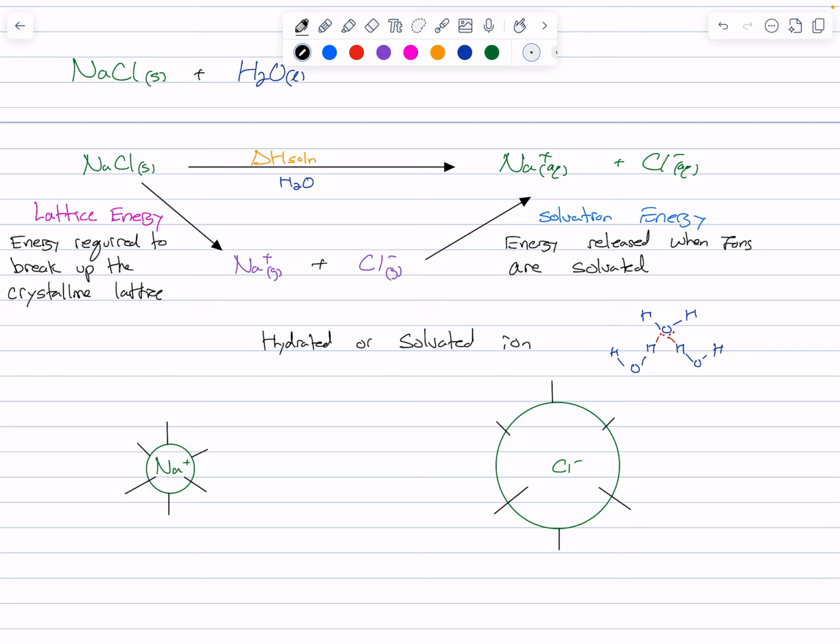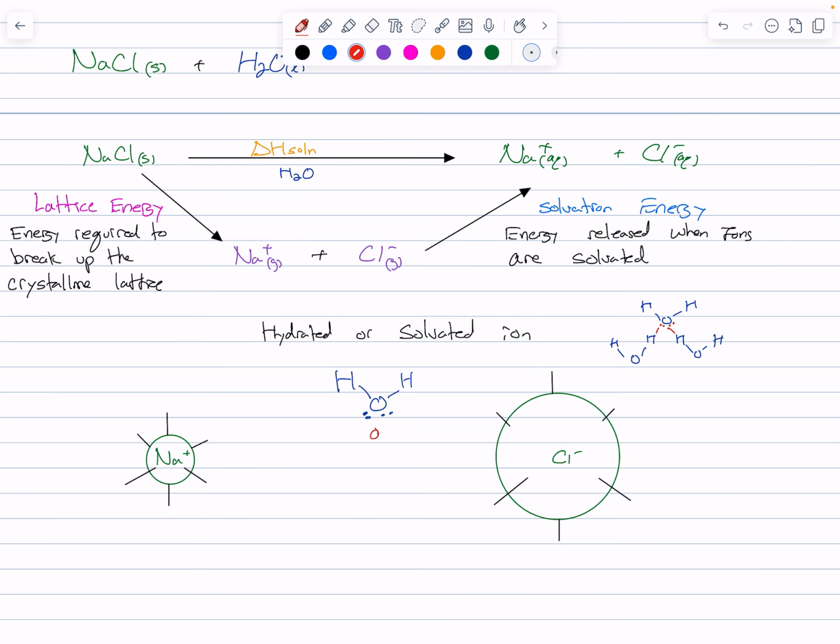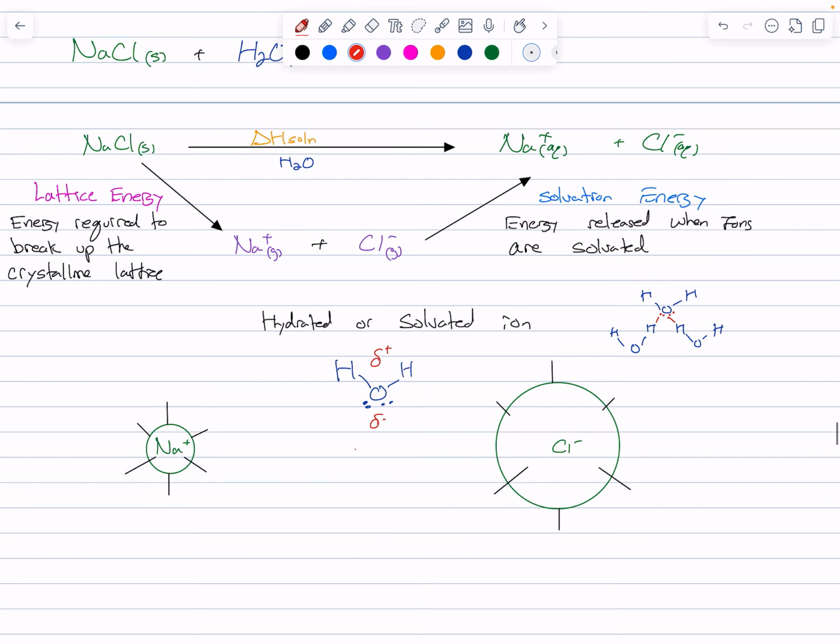So when we look at H2O again, the negative side is by the oxygen, the delta negative. Sorry about that horrible delta. And the positive side is over here. Water is very polar. This is a polar molecule. Well, the negative side of water is going to be around the sodium, and the positive side of water will be around the chloride. That kind of makes sense, because of the charges.